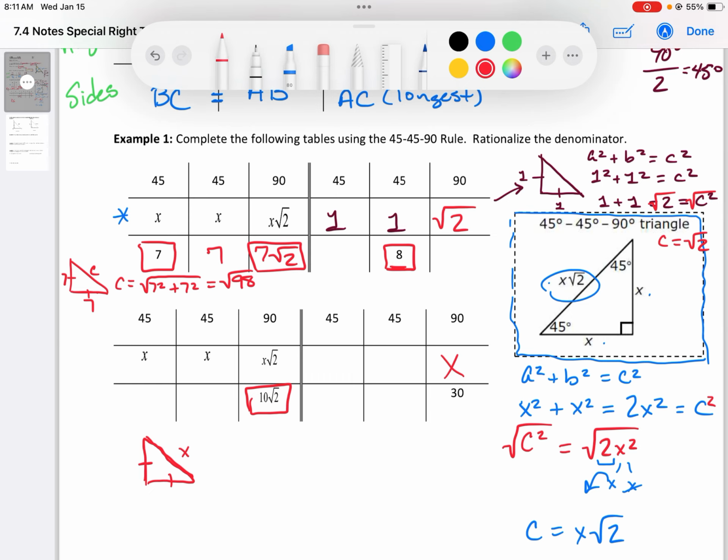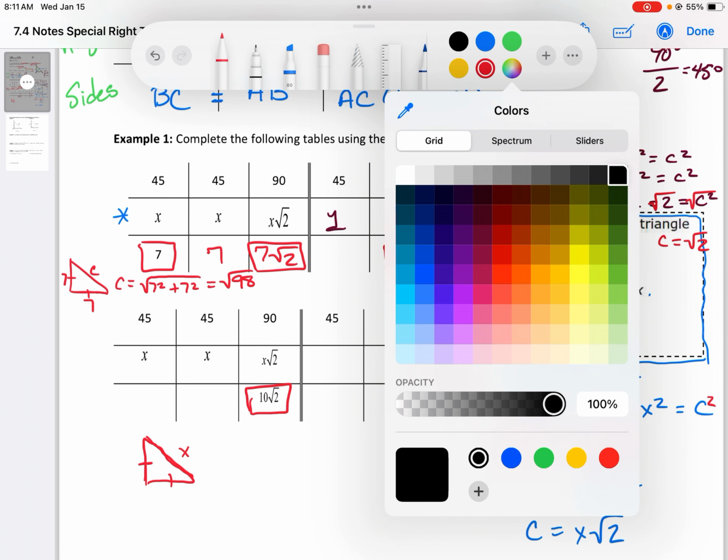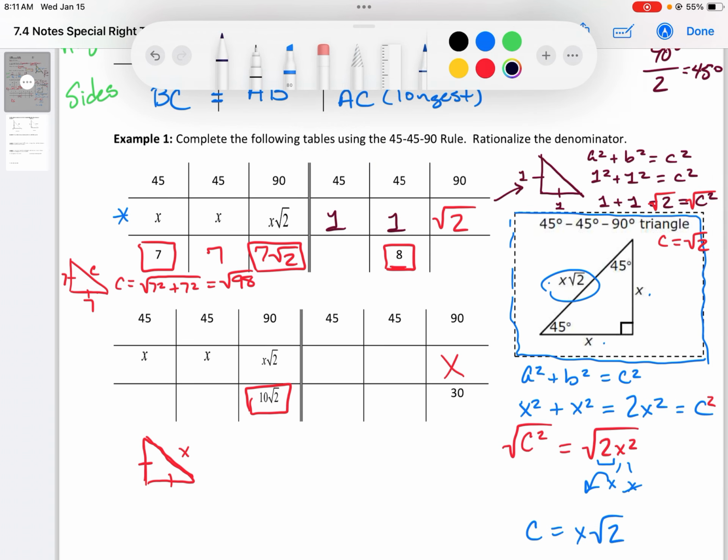So I know my two sides are equal, and I know my hypotenuse, but what are the two sides? Well, a squared plus b squared equals c squared. And so in this case, a and b are the same thing. These two are the same thing because it's isosceles.